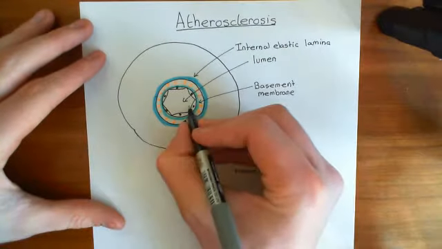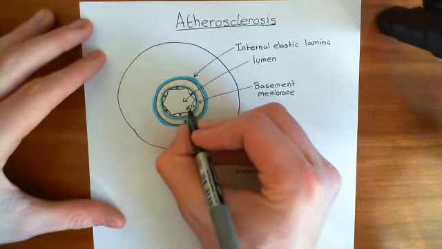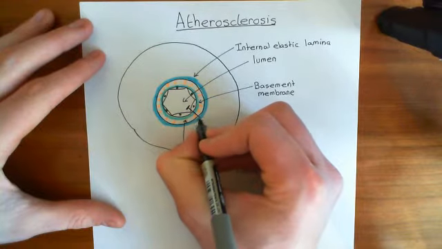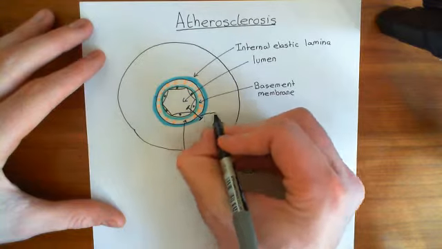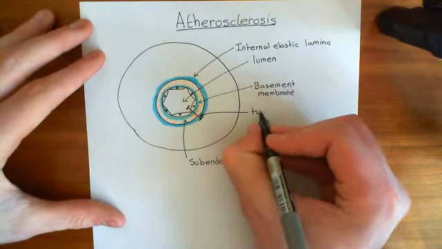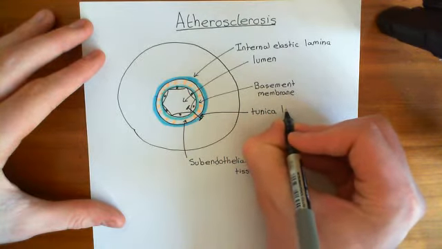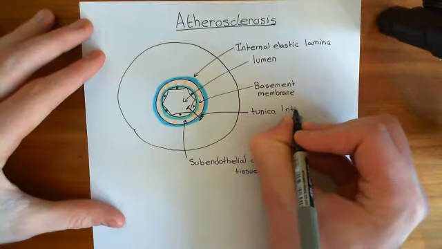All of the layers I've talked about so far, the layer of endothelial cells, the basement membrane, the subendothelial connective tissue, and the internal elastic lamina, are what is referred to as the tunica intima. Tunica means layer, and intima means close.